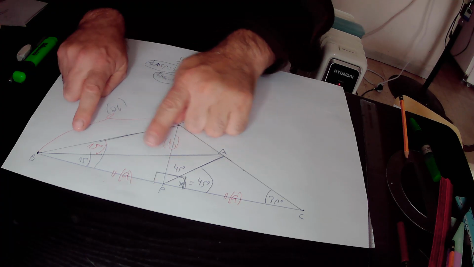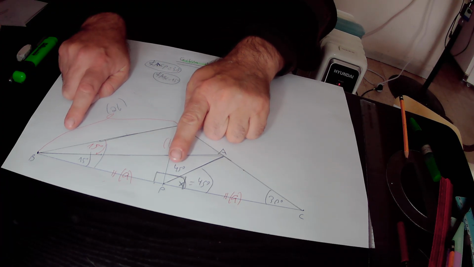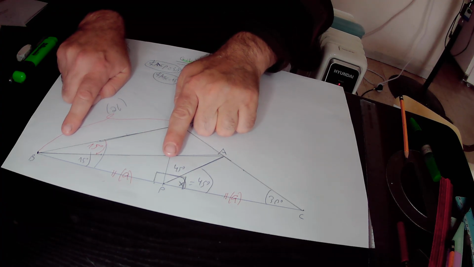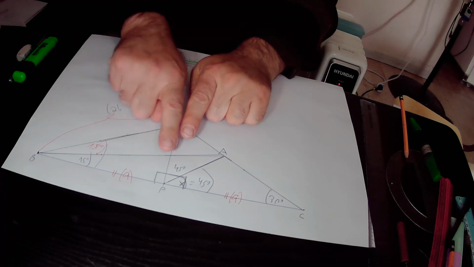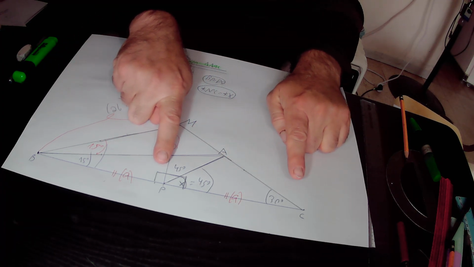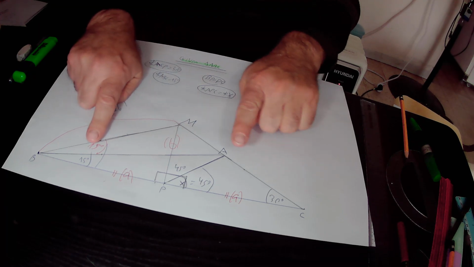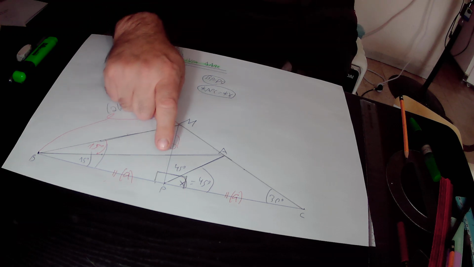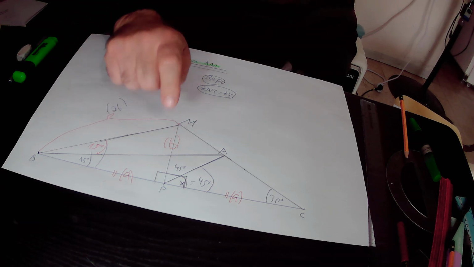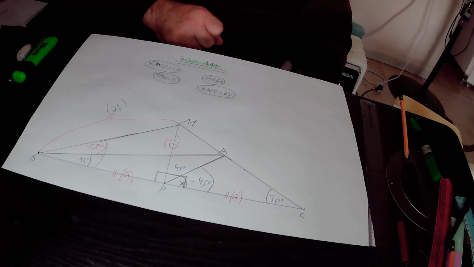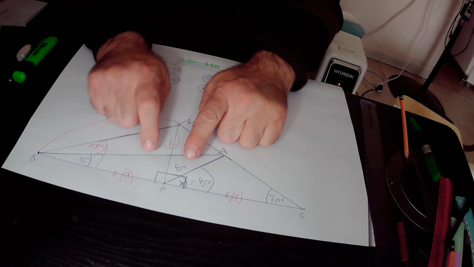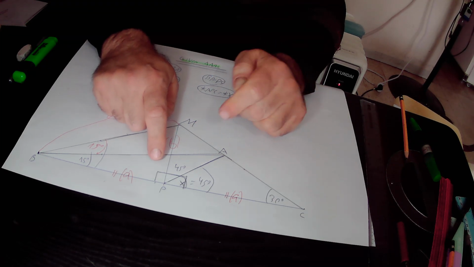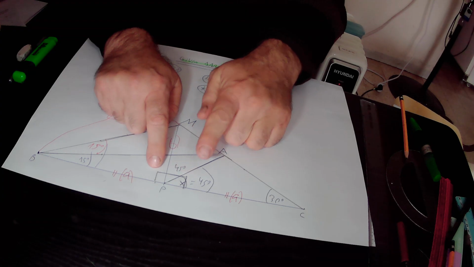The first half of BC is BP, which equals A, and the second half is PC, each half equal to A. So this angle equals 90 degrees, and this angle also equals 90 degrees according to our construction, because MP is defined as the perpendicular.